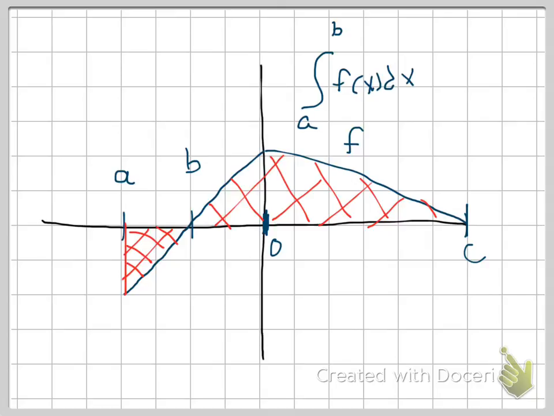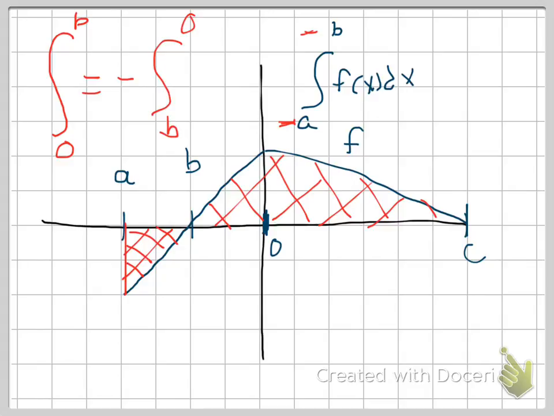Okay? Now, again, remember that it's always the lowest value on an integral to the highest. So if we had something like the integral from 0 to b, that would equal negative the integral from b to 0, right?